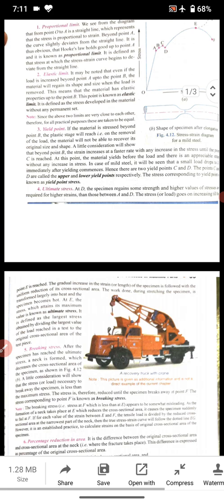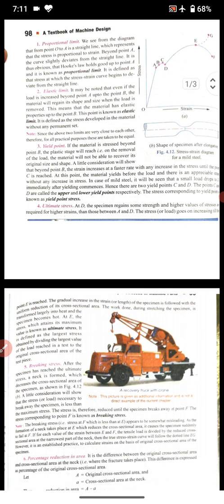A little consideration will show that the stress necessary to break away the specimen is less than the maximum stress. The stress is therefore reduced until the specimen breaks away at point F. The corresponding stress to point F is known as breaking stress.